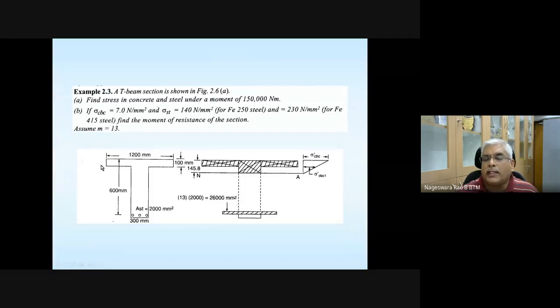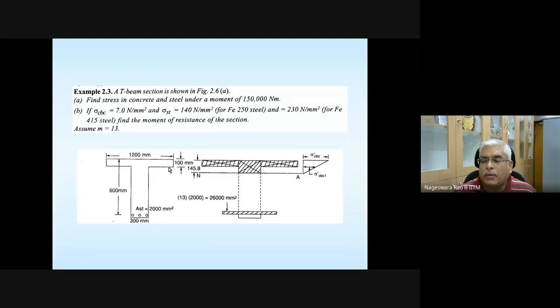Assuming the neutral axis is coinciding with the bottom of the flange, then the area which is going to be in compression is just the area of the flange, which is 1200 multiplied by 100, and the centroid of that area with respect to the bottom, because we are assuming neutral axis to coincide with the bottom of the flange, is going to lie at a distance 100 divided by 2, 50 mm.